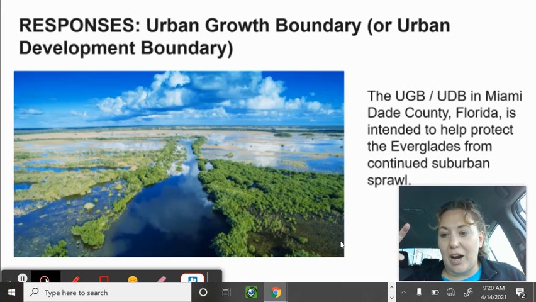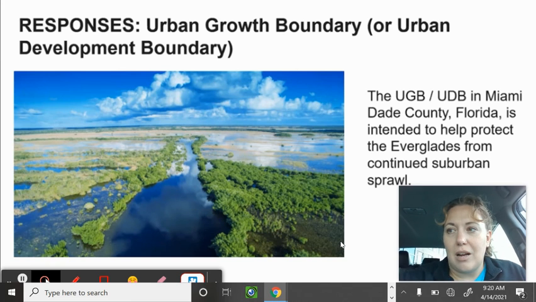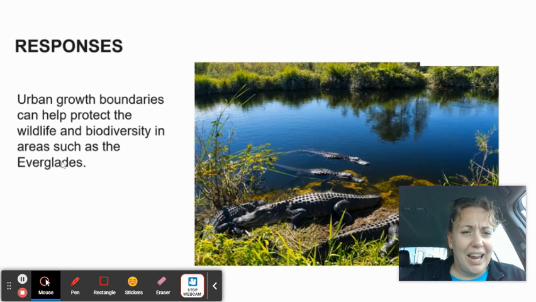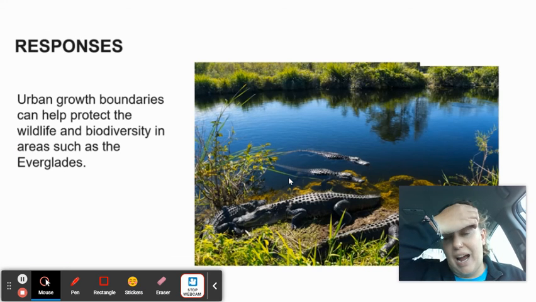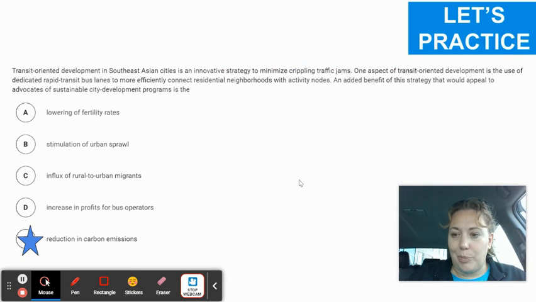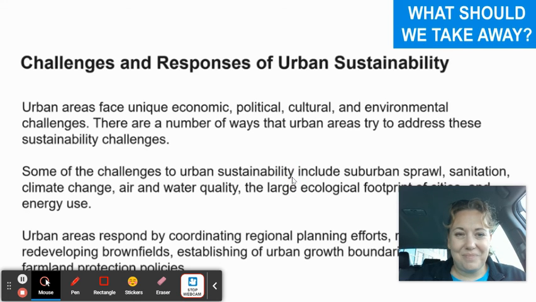And so that's why the urban sprawl on the Front Range is so out of control right now, because we know we can't build up into the mountains. They're just concentrating all of the growth in this one strip along the Front Range, and we've seen the issues. The idea behind an urban growth boundary is to protect wildlife and biodiversity and to keep the open space. So here's a little practice question for you.